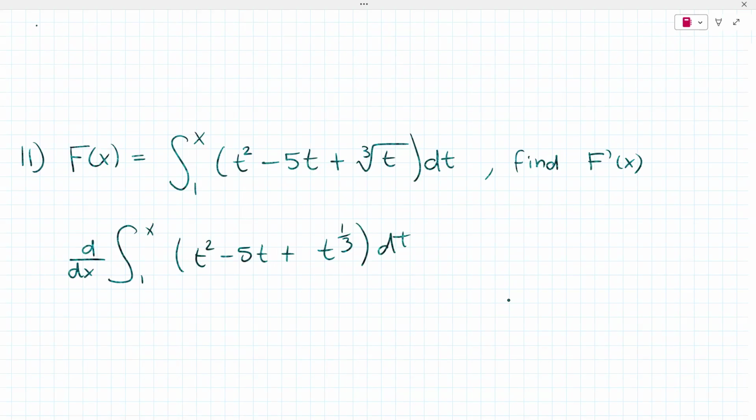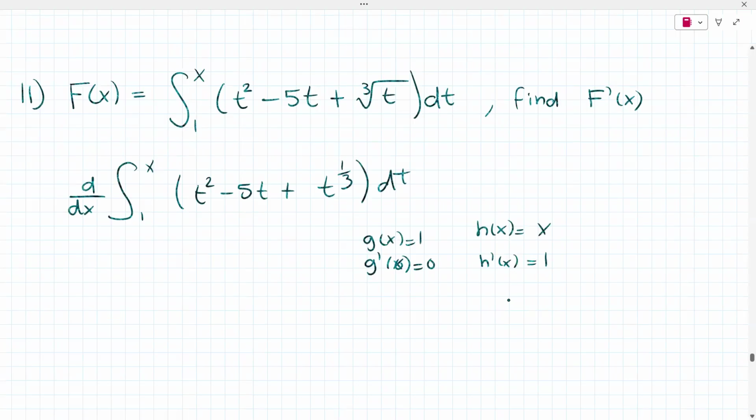So what's your upper and your lower? My lower is 1, so my g of x is 1, and my g prime of x is going to be 0. And then my h of x is x, and my h prime of x is 1.